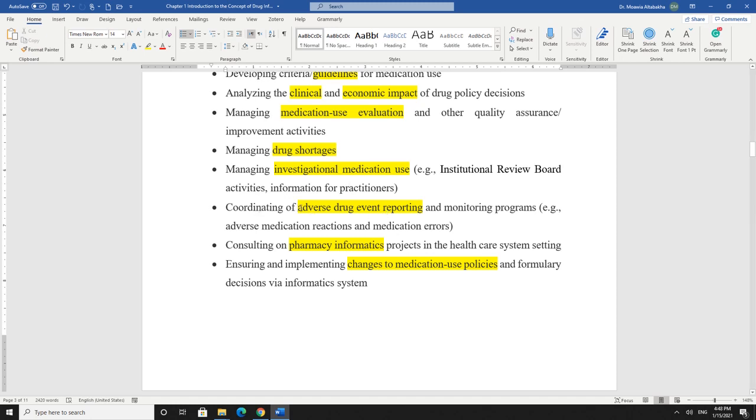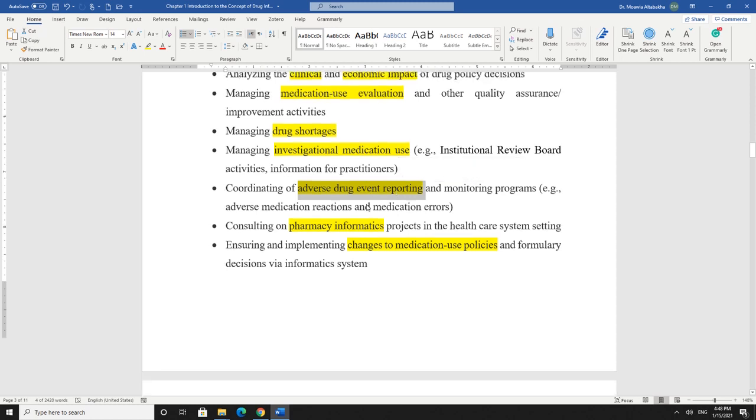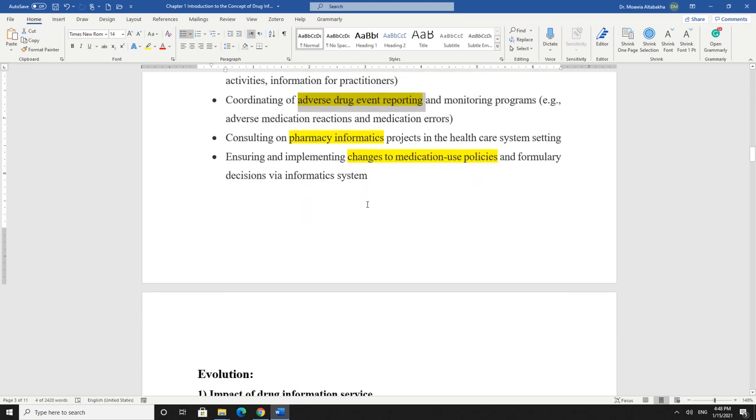Also, you might be responsible for reporting adverse drug events. Okay, there is a new drug and you want to see whether there are any adverse drug events, and this recording will be very important. Also, you can be a consultant in pharmacy informatics.